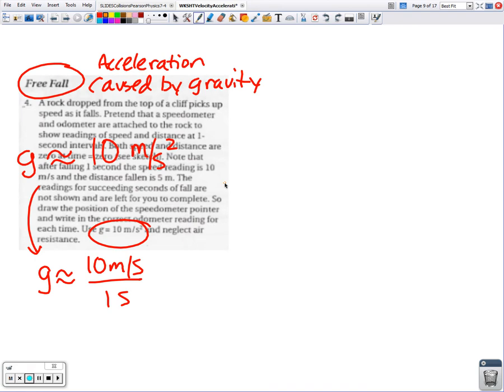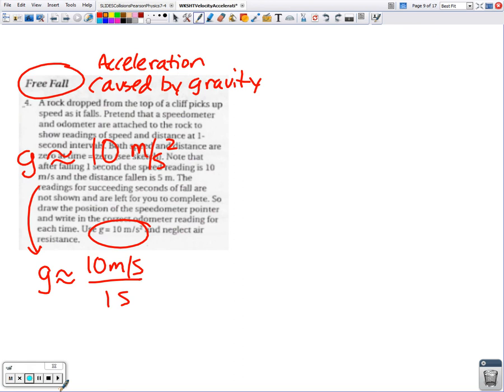Here on Earth, our free fall acceleration is around 10 meters per second squared, meaning that if something is accelerating at 10 meters per second squared, what's going to happen to it?